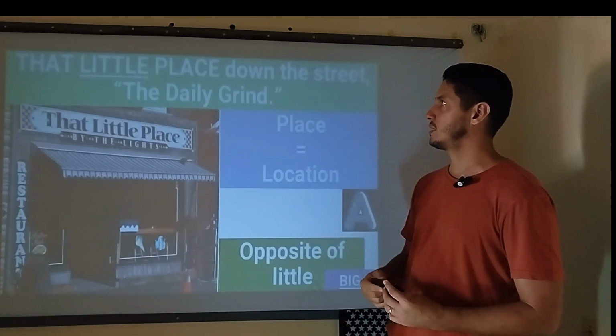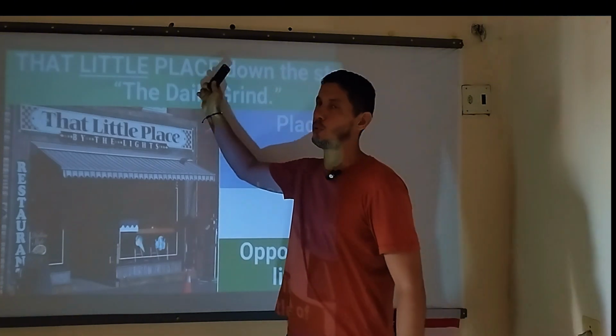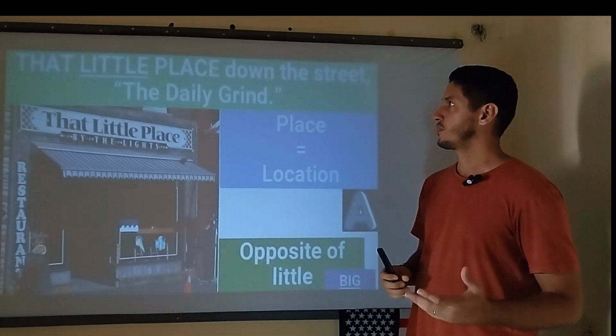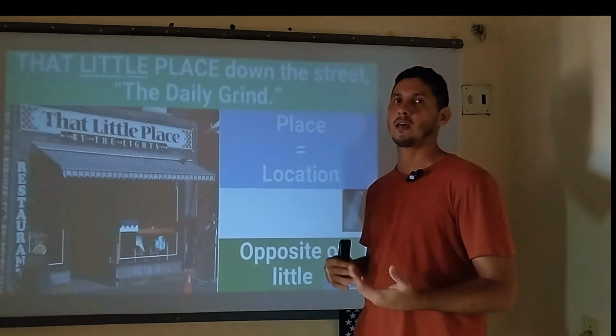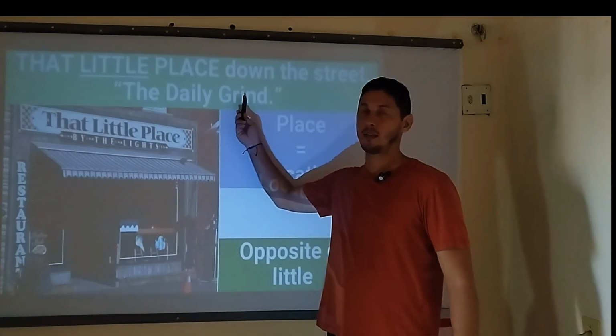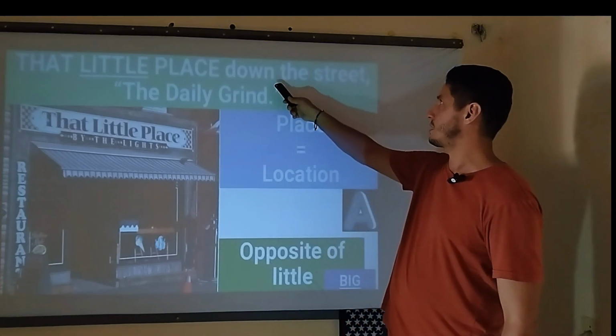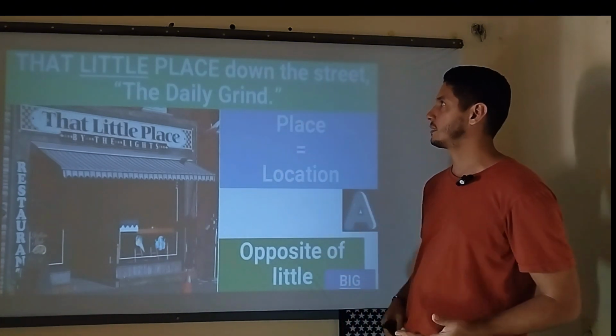It's interesting, this way of saying that little place down the street, meaning that person A assumes that person B knows where the daily grind is, alright? It's just down the street, it's just around the corner, something like that.